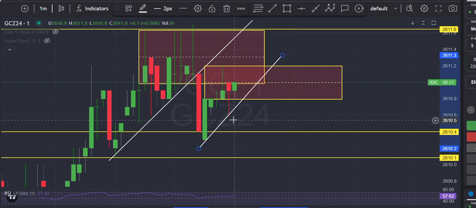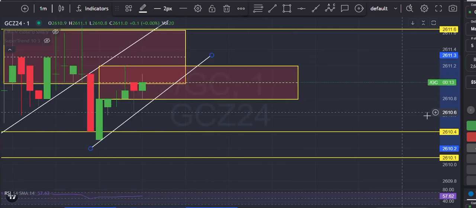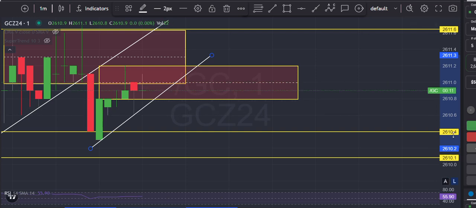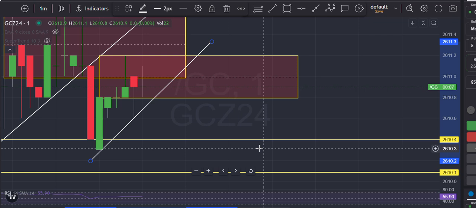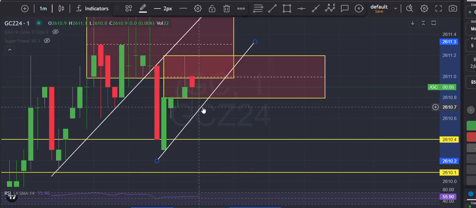But I've seen too many red, baby. Does price open up? I mean, we got 12 more minutes. We could get a rejection and price is going to open and come back down. Test this trend line or break through this trend line to come back down to this low.